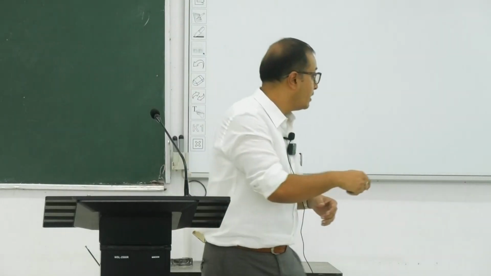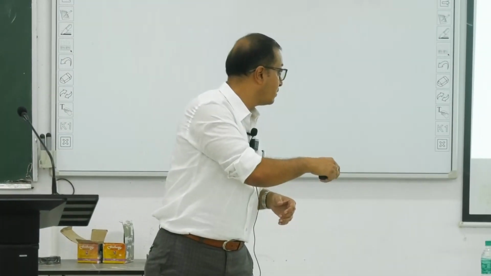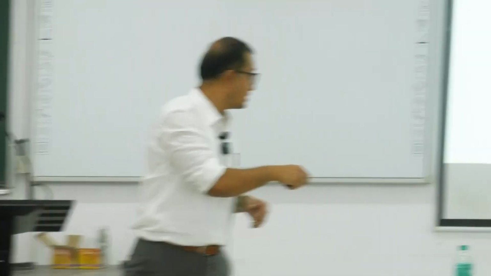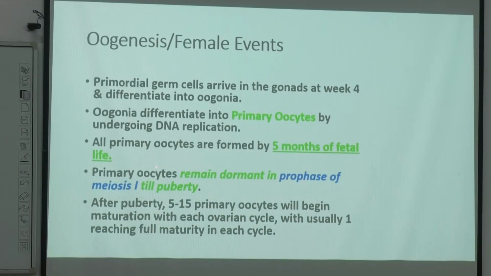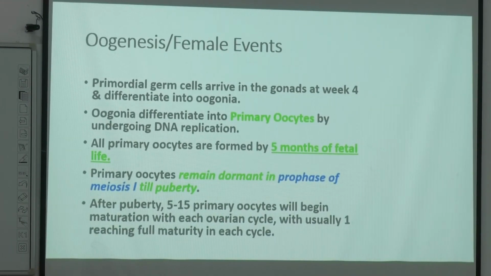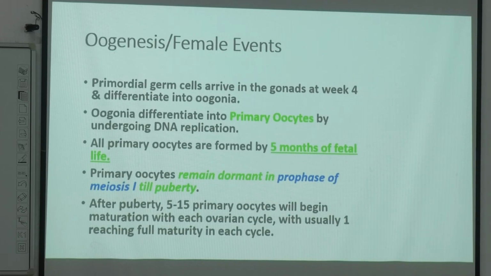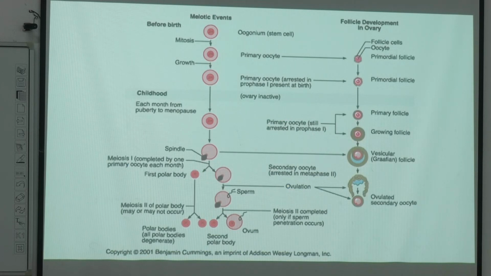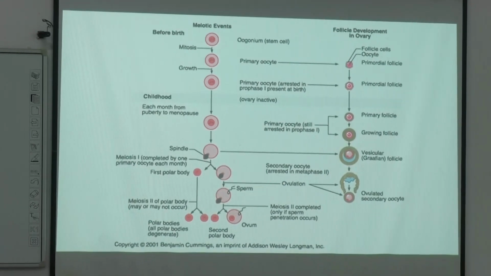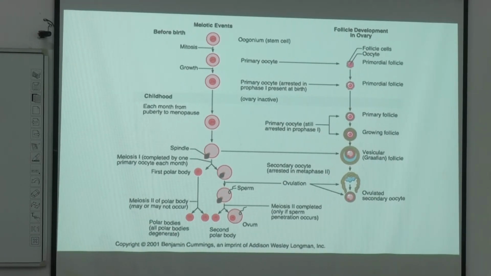So this phase, arrested from 5 months of age at prophase 1 of meiosis 1, continues into further division with the introduction of hormones at pubertal age, and completes meiosis 1, giving rise to the secondary oocyte, with unequal cell division.